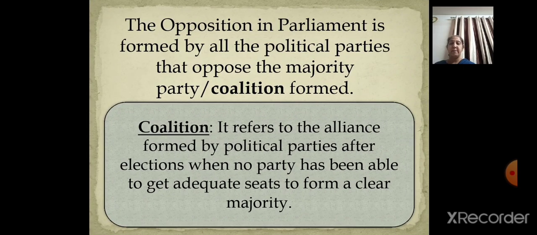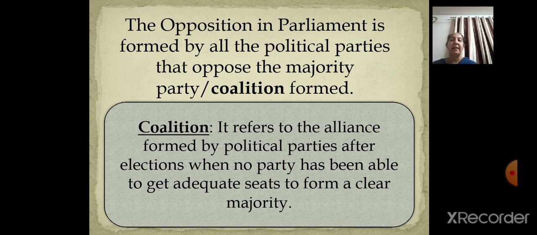The opposition in parliament is formed by all the political parties that oppose the majority party. Now children, coalition is given in your glossary also in the textbook. It refers to the alliance that is formed by political parties after elections when no party has been able to get adequate seats to form a clear majority.